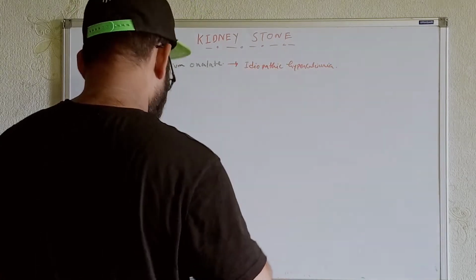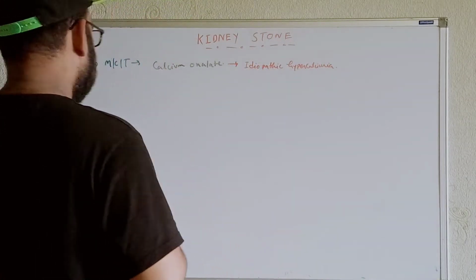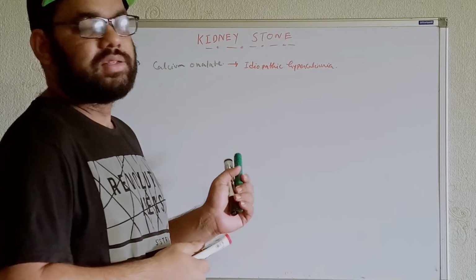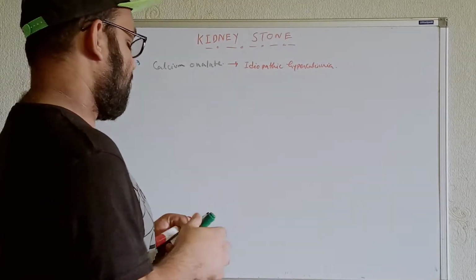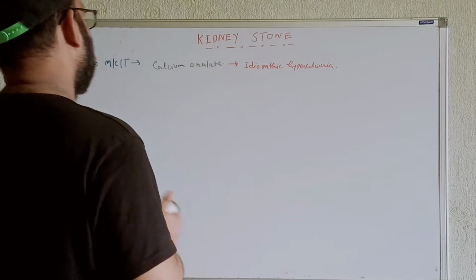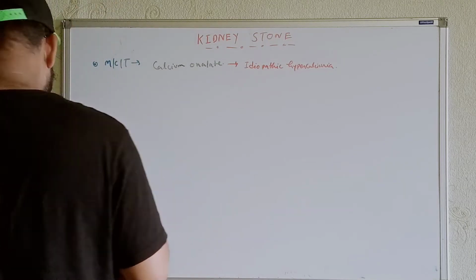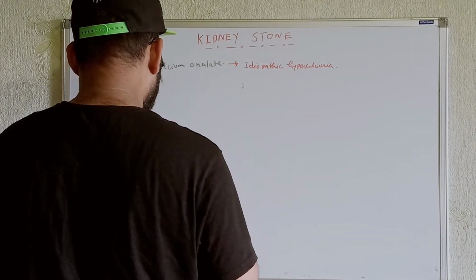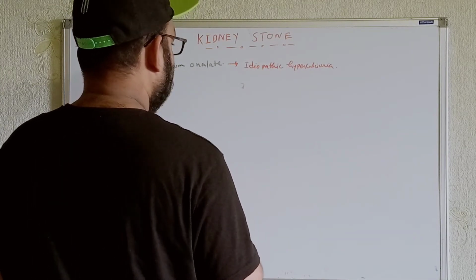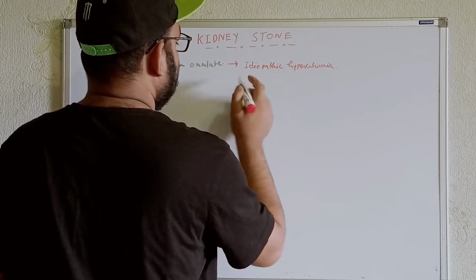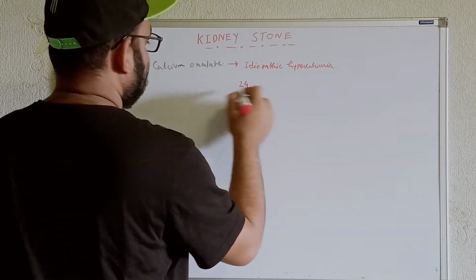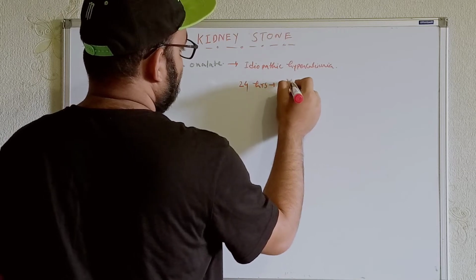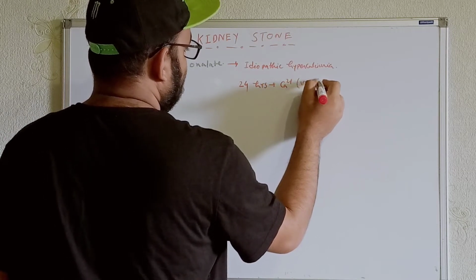Now, when we get idiopathic hypercalciuria, definitely there will be deposition of the calcium, and along with that, if we check the 24 hours value for the calcium within the urine, then we can come to know whether it is developing calcium oxalate or not. So 24 hours we have to monitor the calcium level within the urine.